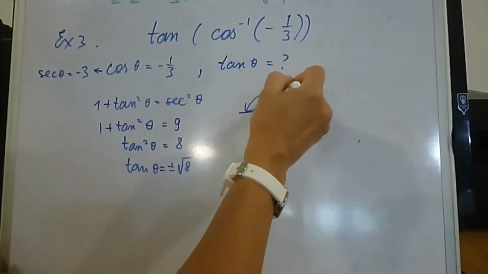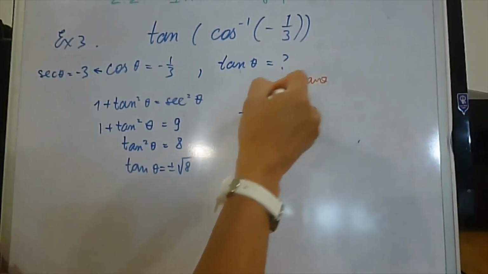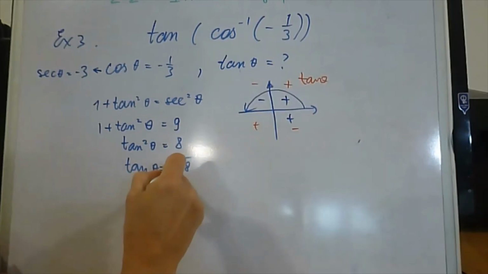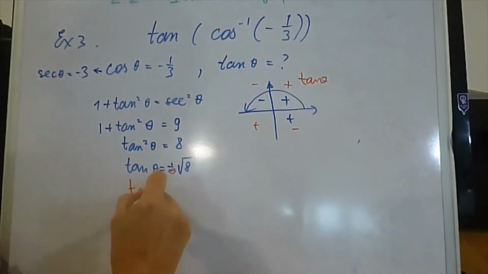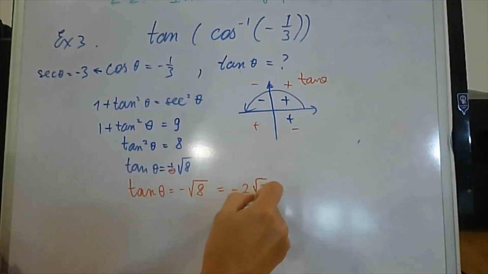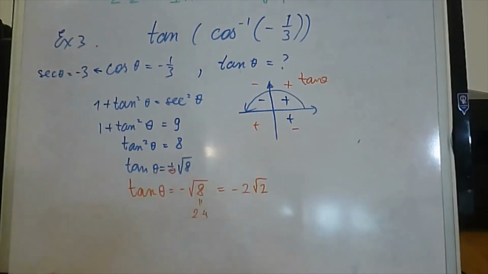Tangent is going to be plus, minus, right? That's tangent. Because it's minus here and a minus here, we're going to just use a negative sign for tangent. The final answer is going to be negative square root of 8. You can also represent it as minus 2 square roots of 2, because 8 is actually 2 multiplied by 4. You extract the square root of 4, and it's going to give you this 2.